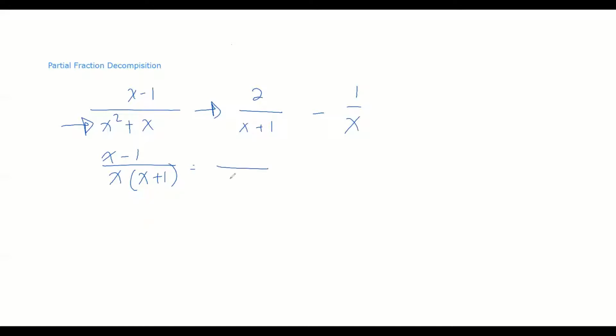In order to keep things similar, we have x plus 1, and then we have x. This up here is our simplified case, what we would get to after. But the real question is, how do we get there, right?